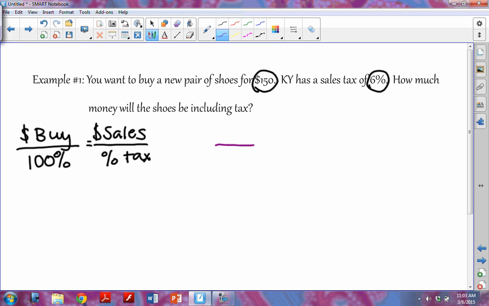So I'm going to rewrite that over here in a different color so we know where we're at. So the money that you're buying, so the money that you're spending, is that the 150 or the 6%? Well, since this is a percent and this is money, I know that the $150 will go here. So now let's just fill in the rest of the blanks. I always know the 100% goes here, so I'm going to put that there.